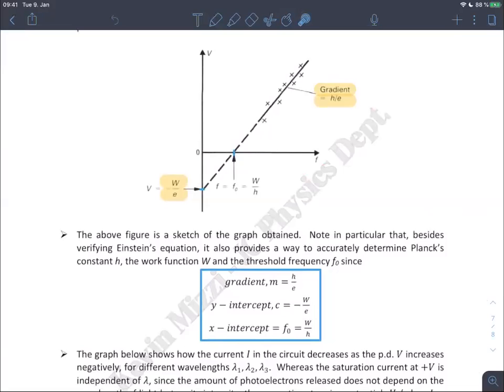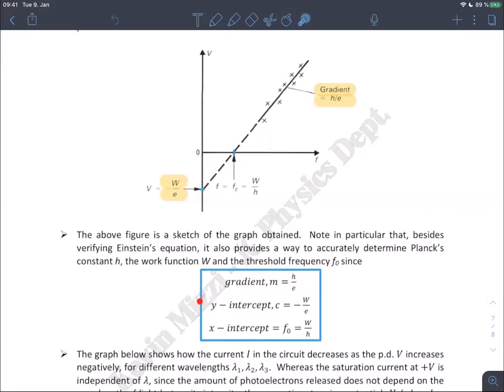It is also interesting that the x-intercept here, which is the point on the x-axis at which Vs is 0, denotes the threshold frequency. So we start getting photoelectric emission from f equals f0, the threshold frequency, and above.